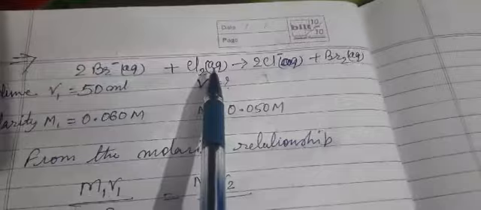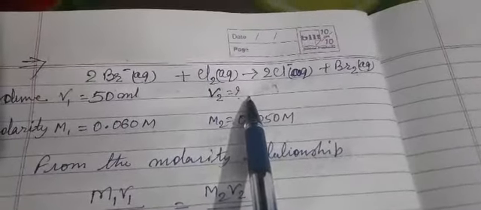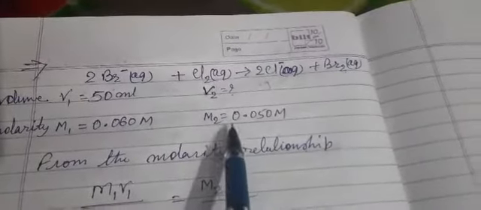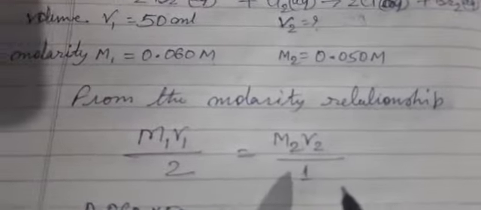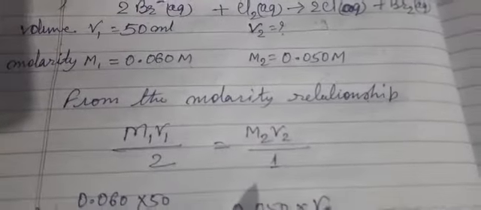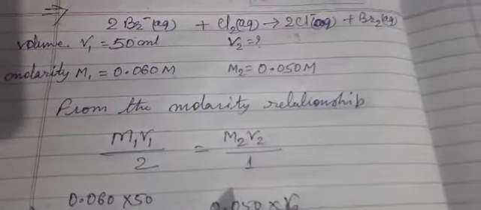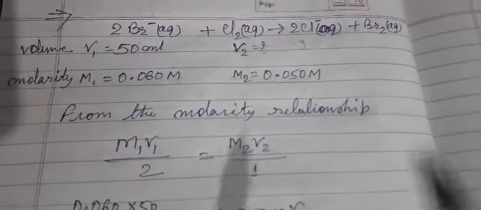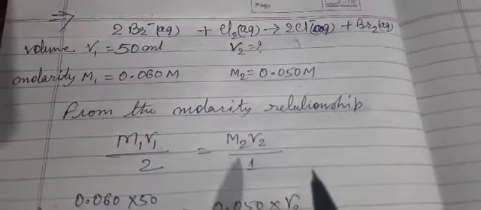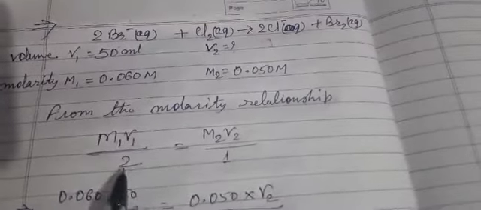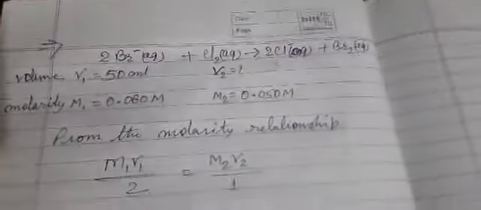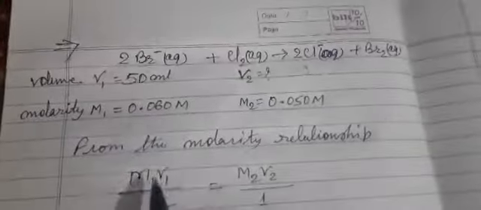Now for chlorine, we have to find out the volume required, and the molarity is given for chlorine liquid, that is 0.050 M. Now you know the molarity relationship when different kinds of solutions are mixed with one another. When different reacting solutions are mixed, there will be a reaction between the compounds, and then the molarity relation would be M1V1 by 2 equals M2V2 by 1. Because the number of moles of the substance must be divided by their coefficient.